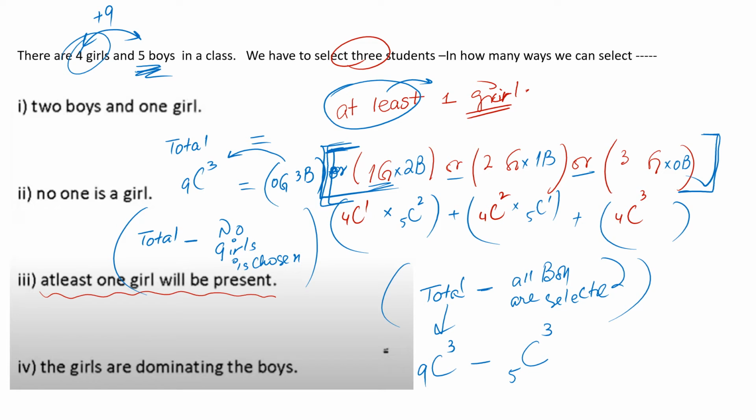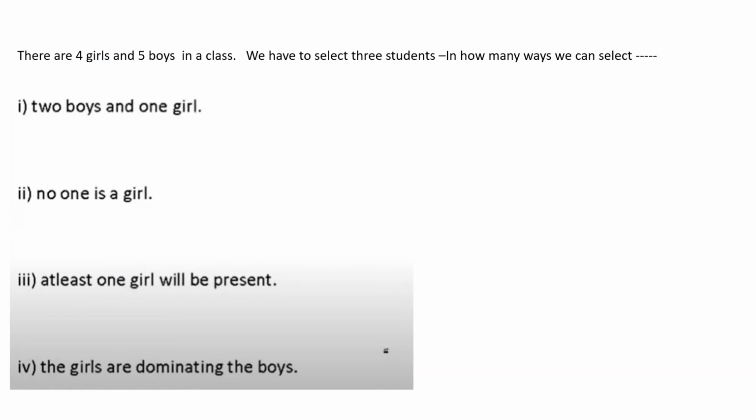Now the next question is that the girls are dominating. What is meant by the girls dominating? Dominating means that the girls are more than the boys. Okay, so first of all, what is my total? Total is my 9C3, right? Now, the girls are dominating the boys.